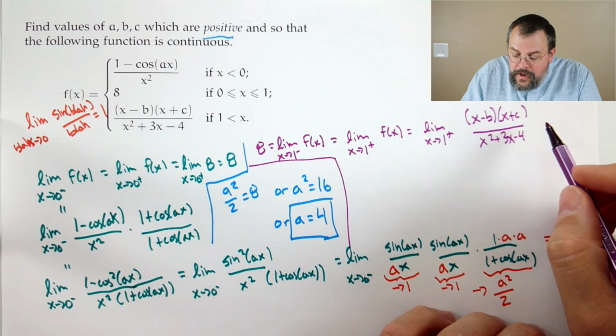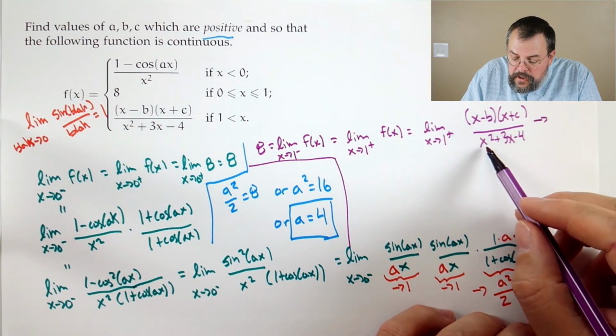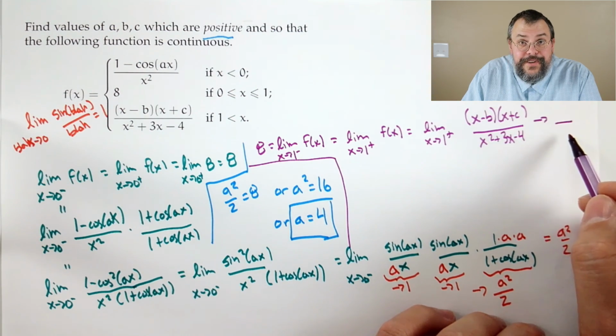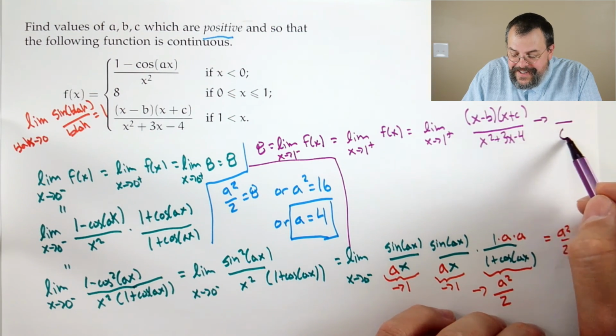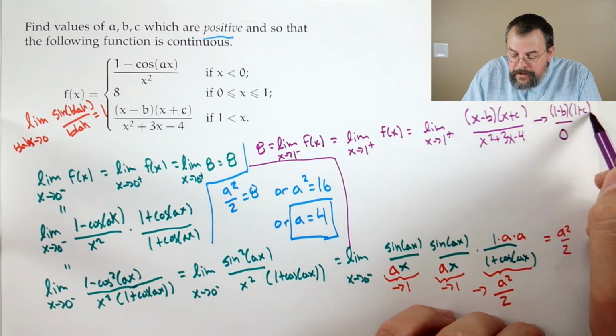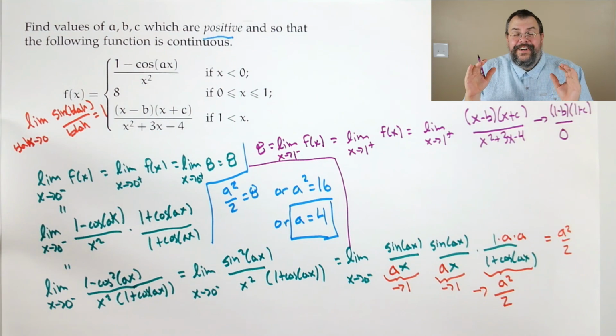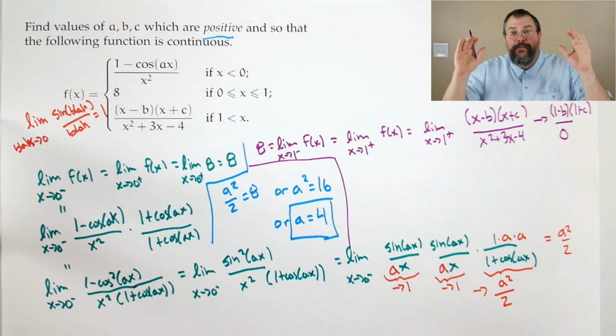Well, what do we have? Downstairs, we end up with 1 plus 3 minus 4, which is 0. Upstairs, we end up with 1 minus b and 1 plus c. Now, what's our conclusion? Well, our conclusion is we have something downstairs which is 0. Now, what does that tell us about the numerator?